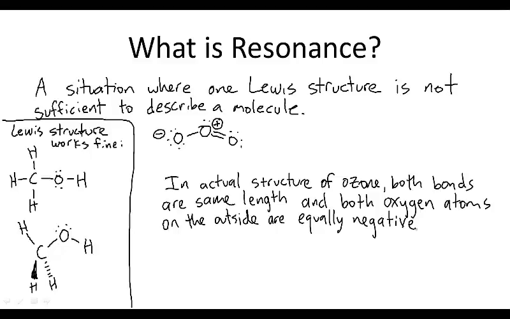So if that's the case, this one structure is essentially lying to us. Right? This one structure can't describe the molecule because it makes it look like we have two different kinds of bonds in the molecule. It makes it look like one oxygen should be way more negative and the other one shouldn't be. So this is a Lewis structure failure.